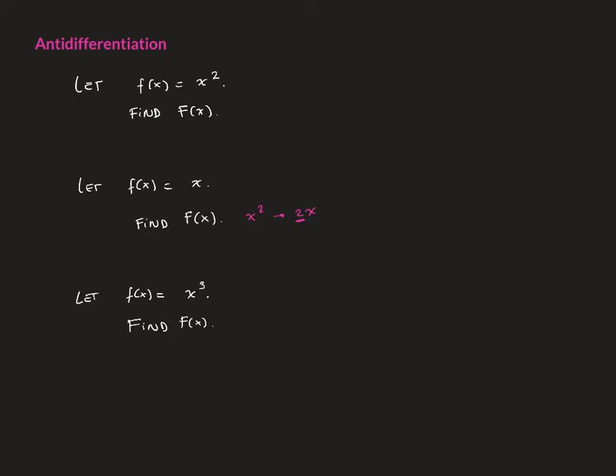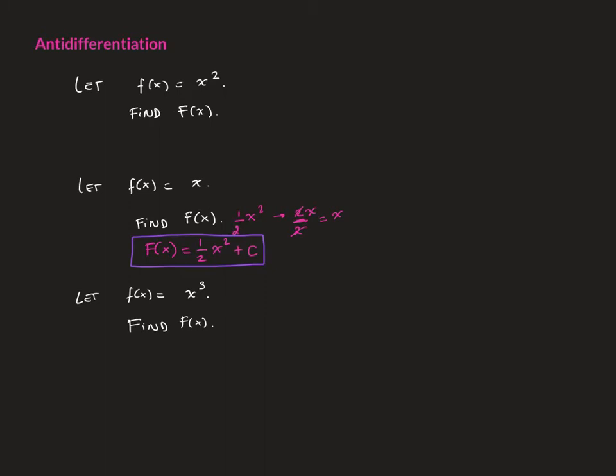So it's fair to assume that the original function should be multiplied by 1 over 2, so that when we do the derivative, 2 divided by 2 cancels, and I get simply x. So for the function x, I know that the antiderivative is going to be 1/2 x squared.